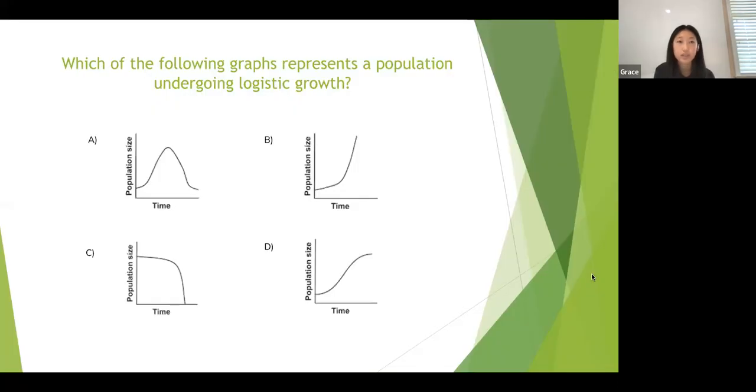All right, next question. Which of the following graphs represents a population undergoing logistic growth? Answer in the chat. I'll give you a few minutes.